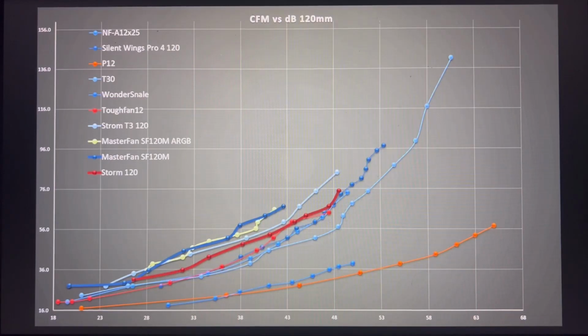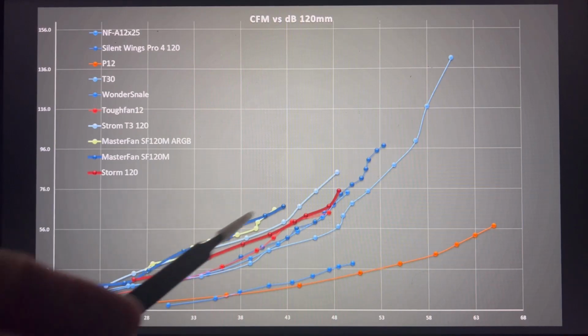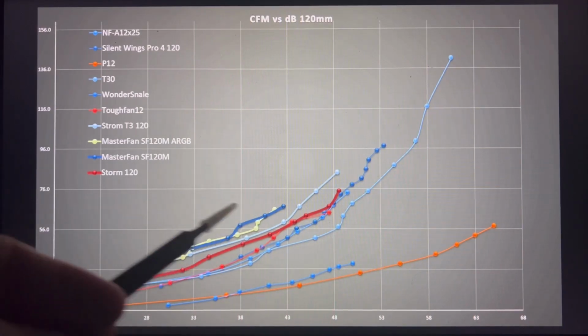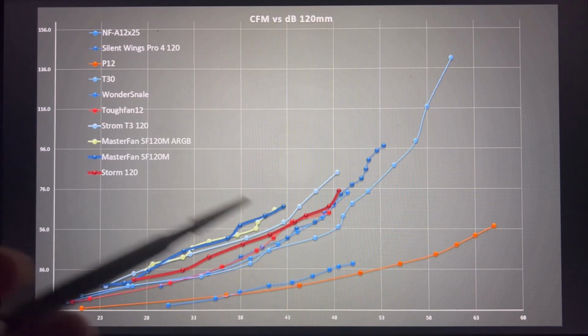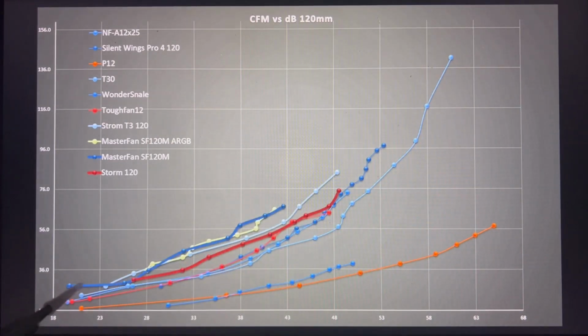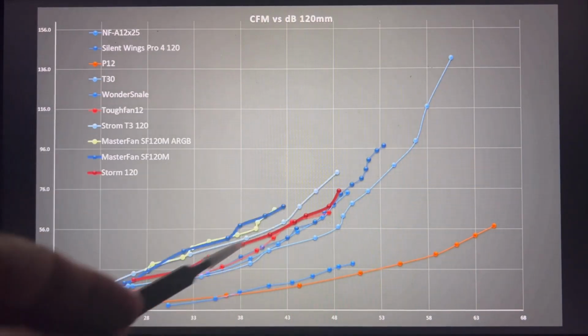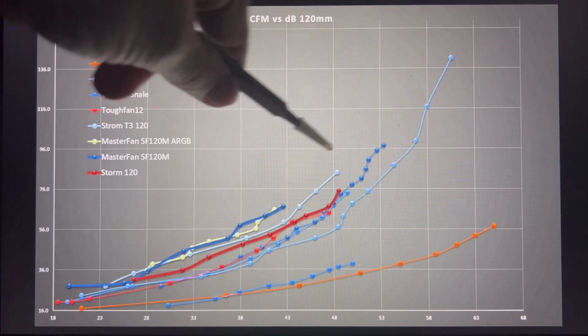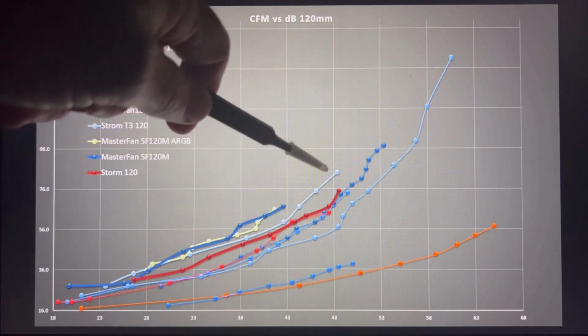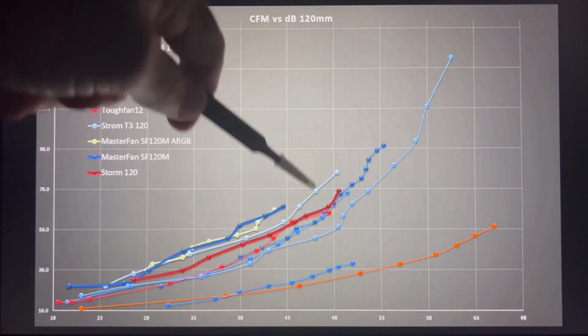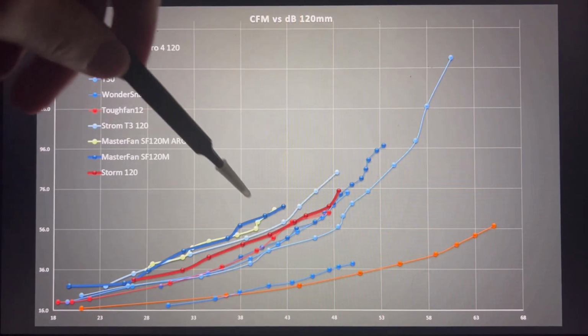Taking a look at that CFM data from just a different perspective, so it's noise again on the bottom versus CFM vertical, better fans going this way, and we have the Master Fan ARGB, we have the Master Fan non-RGB, both sitting towards the top of the graph. We have the Storm that pretty much caught up to them and is just hovering right underneath them, and it just has a much better top end than the Master Fans do.